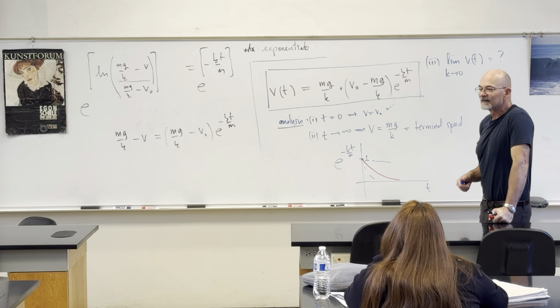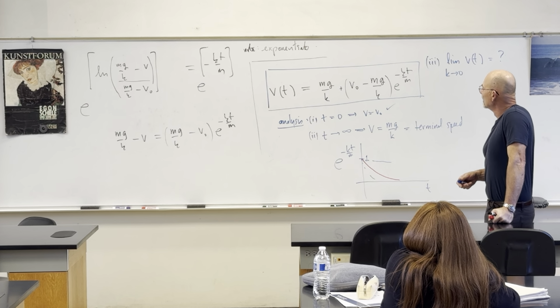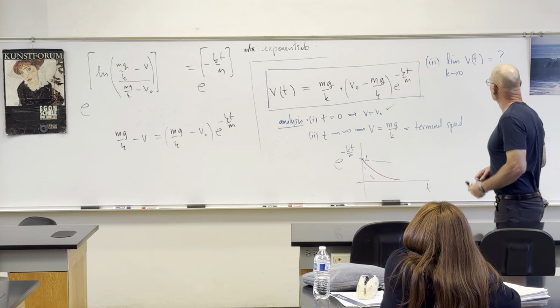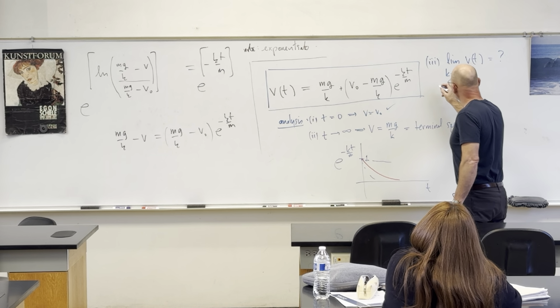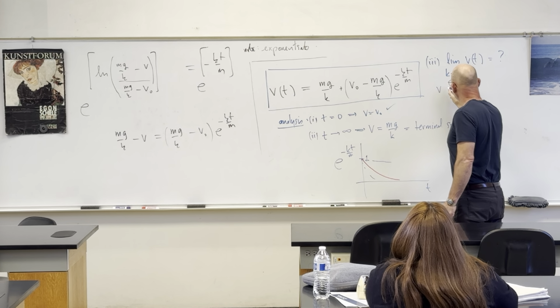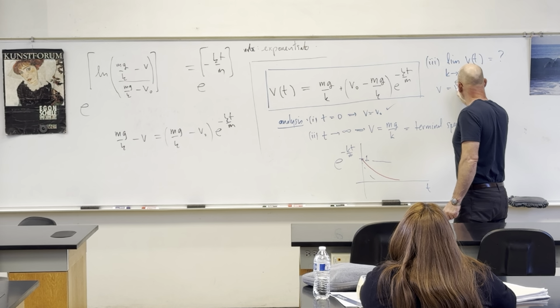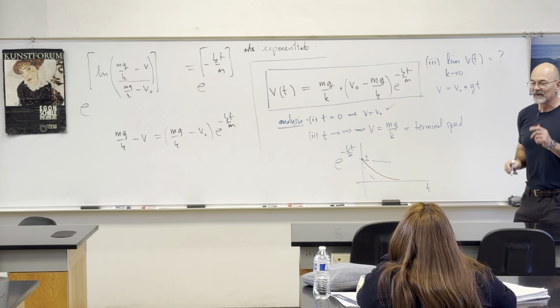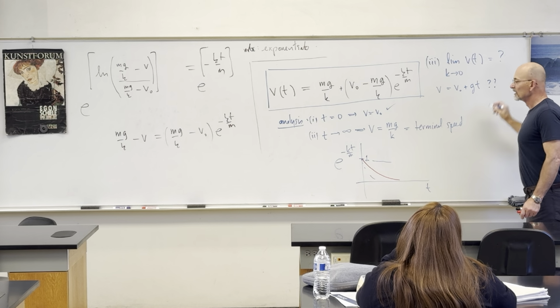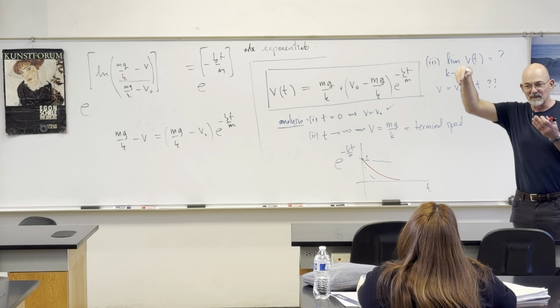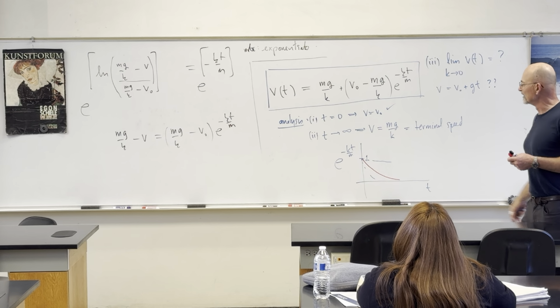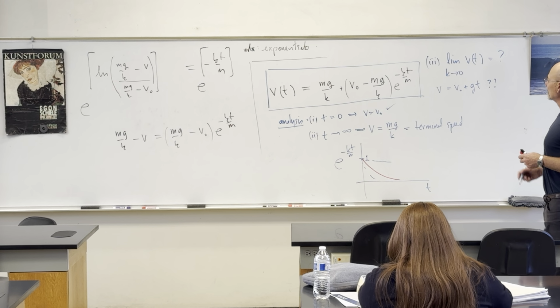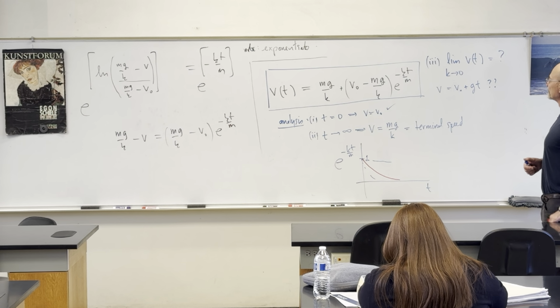What do we expect to get? The free fall would be v naught plus gt, because we were taking the positive direction down. So there's the question about that as well.